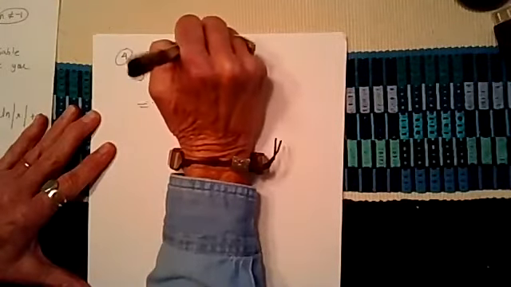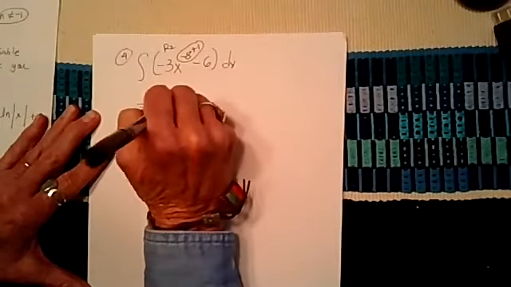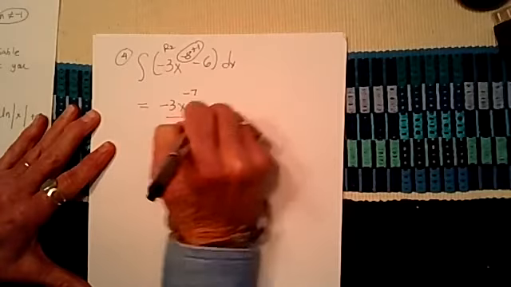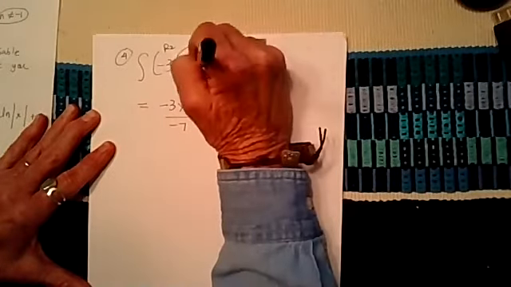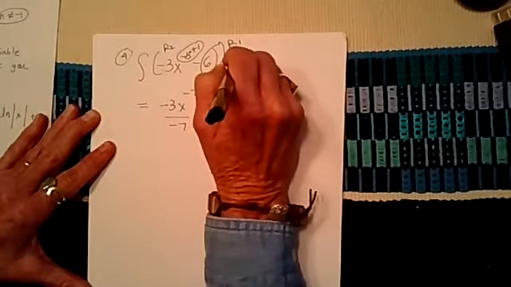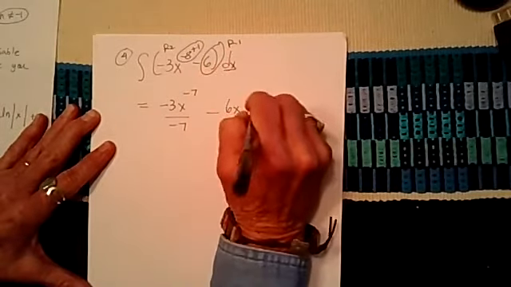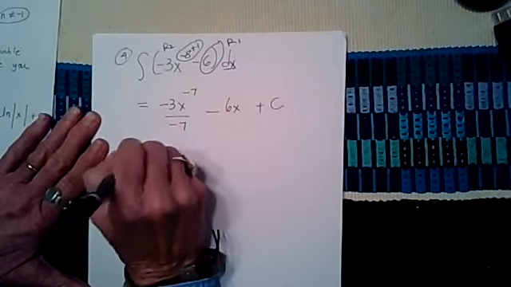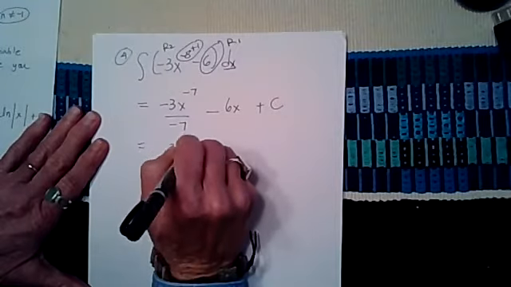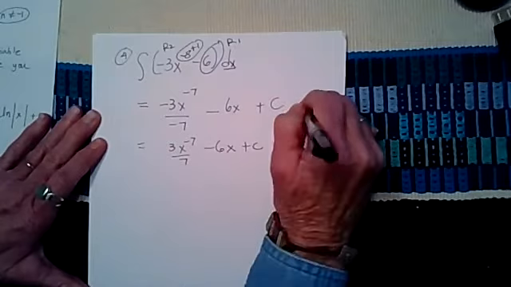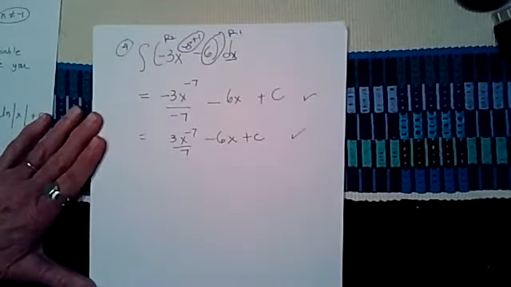I'm going to add 1 to my exponent, and I get -3x to the -7 divided by -7 minus, and this is a constant, so I'm going to use rule 1. I'm just going to integrate it to 6x plus c. And you can type it in just like that, or you can make it positive 3x to the -7 over 7 minus 6x plus c. That's fine. Either one of those will do. It's just however you like to do them.